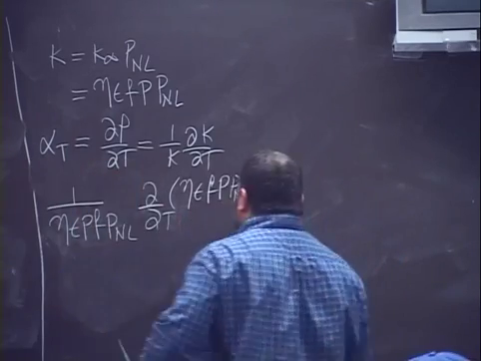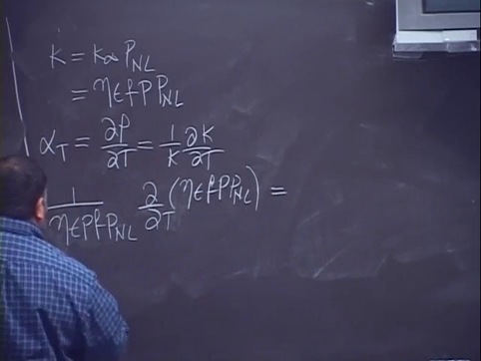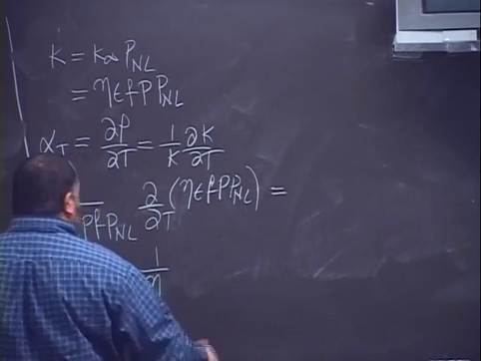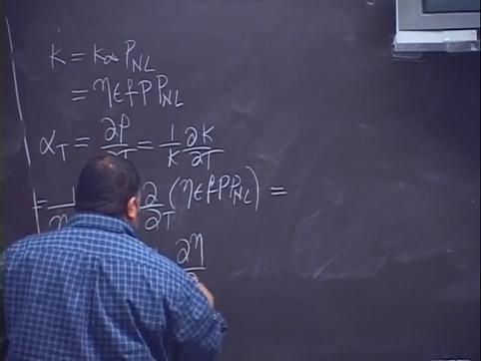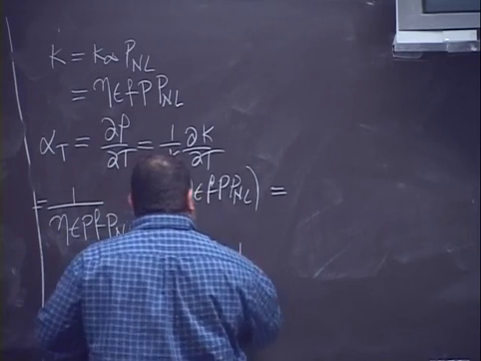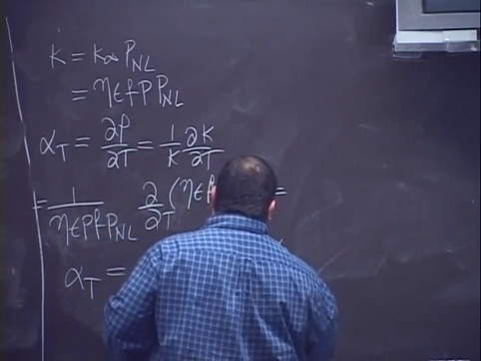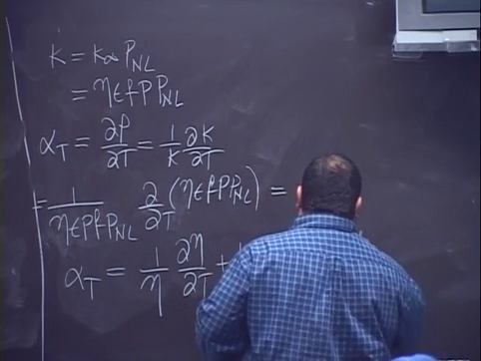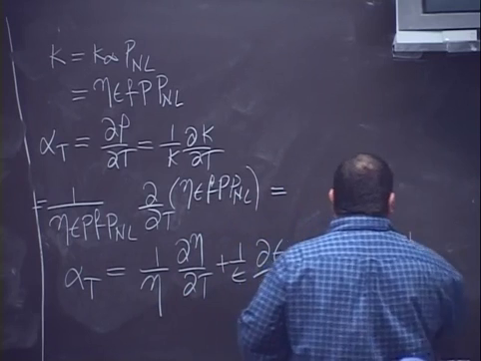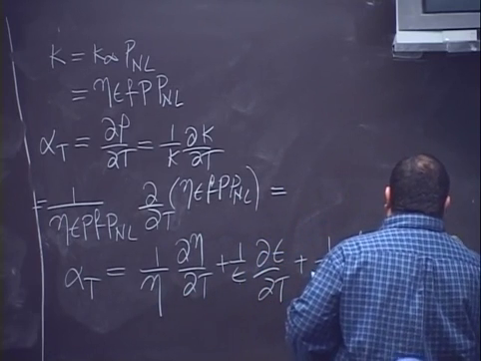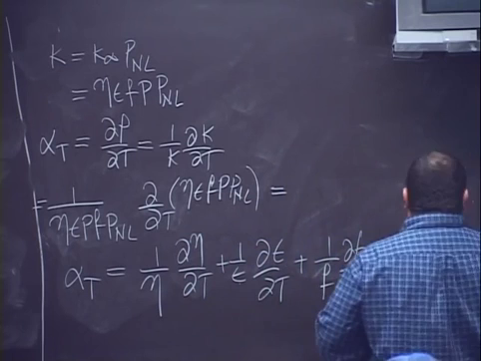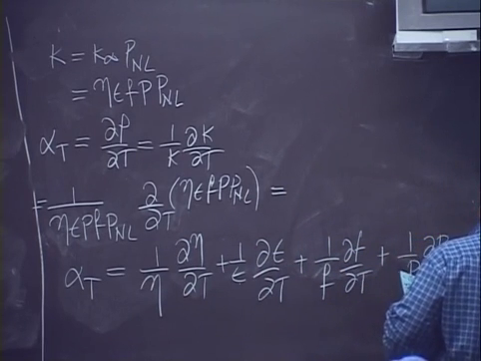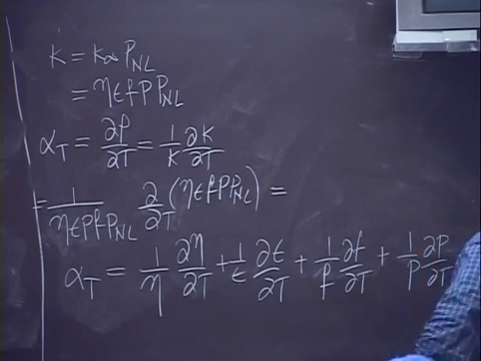If you do this, you will end up with alpha T equal to 1 over eta d eta by dt plus 1 over epsilon d epsilon by dt plus 1 over f df by dt plus 1 over p dp by dt plus 1 over P_NL dP_NL by dt.